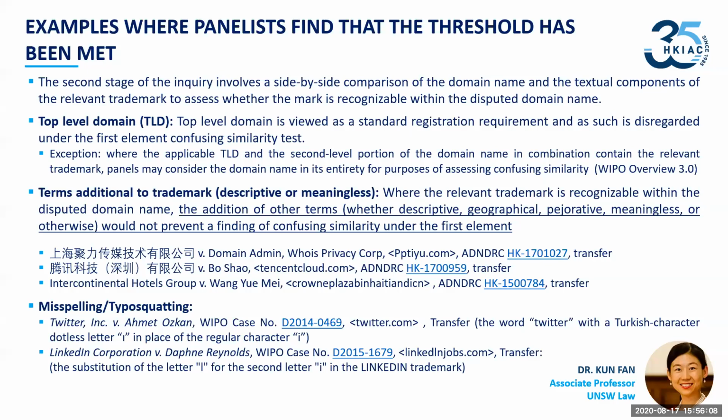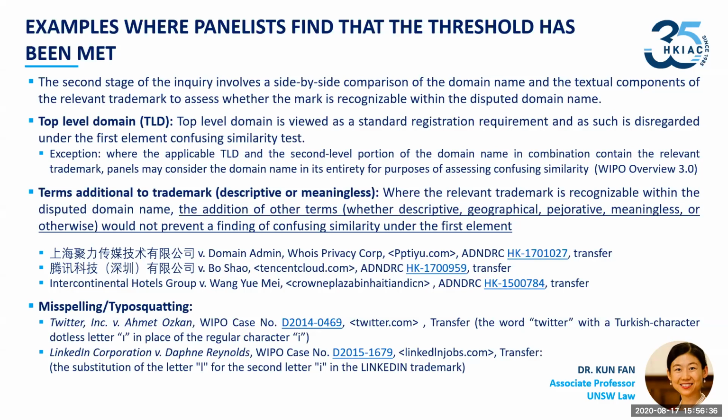So I decided the addition of the generic term TU, which is the pinyin of the word sport, is not sufficient to avoid user confusion. And similarly, in some other cases, the addition of generic term cloud or the geographical identifier such as Binhai Tiandi does not confer sufficient distinctiveness to avoid the user confusion.